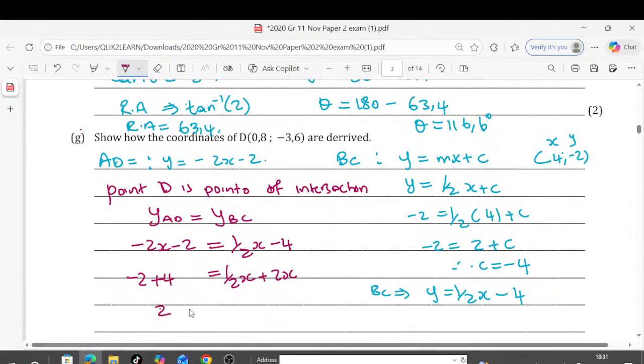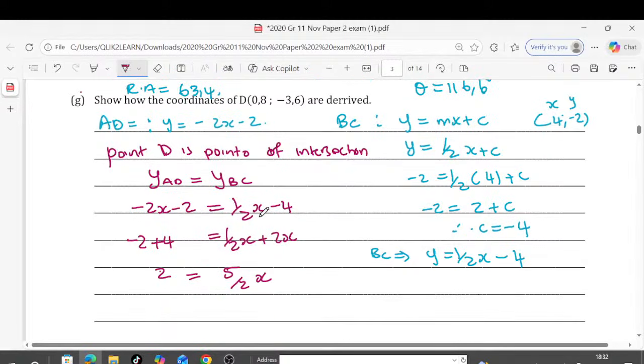This is 2. And then this will be equal to, these are the like terms, (1/2)x + 2x. When we add these two, what do we get? If we add 1/2 with 2, we get an answer of 5/2. So this will be (5/2)x.